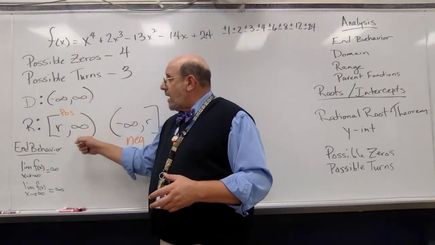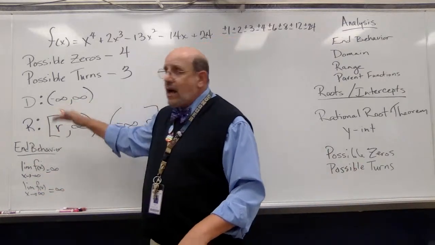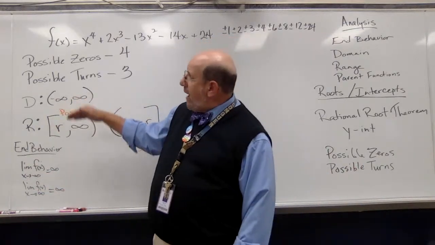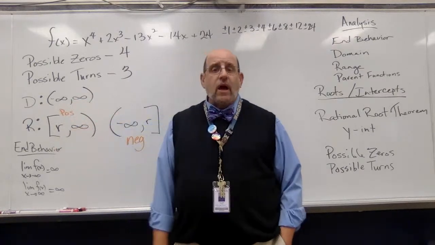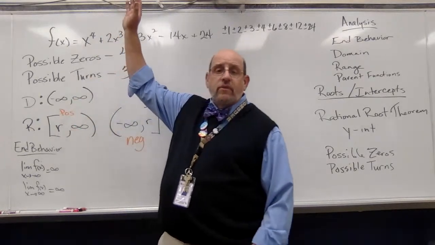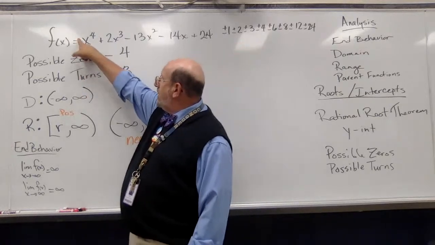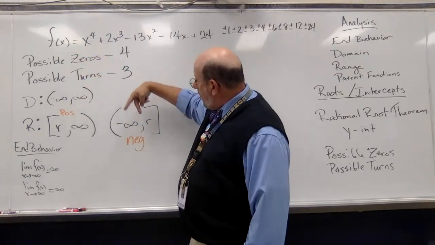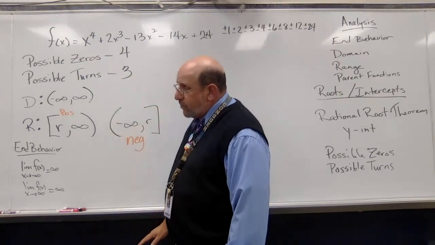Now we have to talk about if it's a positive function, it starts at that bottom level of your function. I'll call it R for now. We're going to call it R on our test. And then it goes up infinitely. Well, if it's a negative function, if there's a negative in front of here, then it's pointing downward and we always count from bottom up.